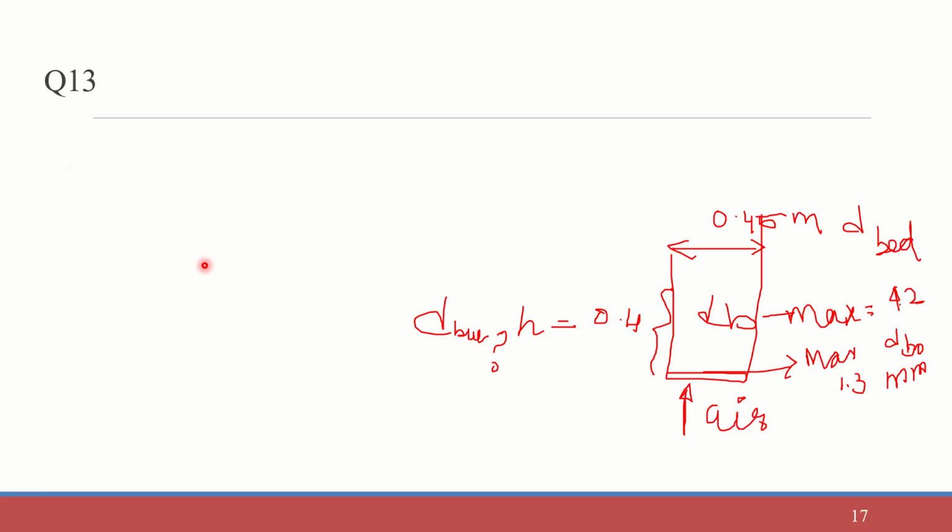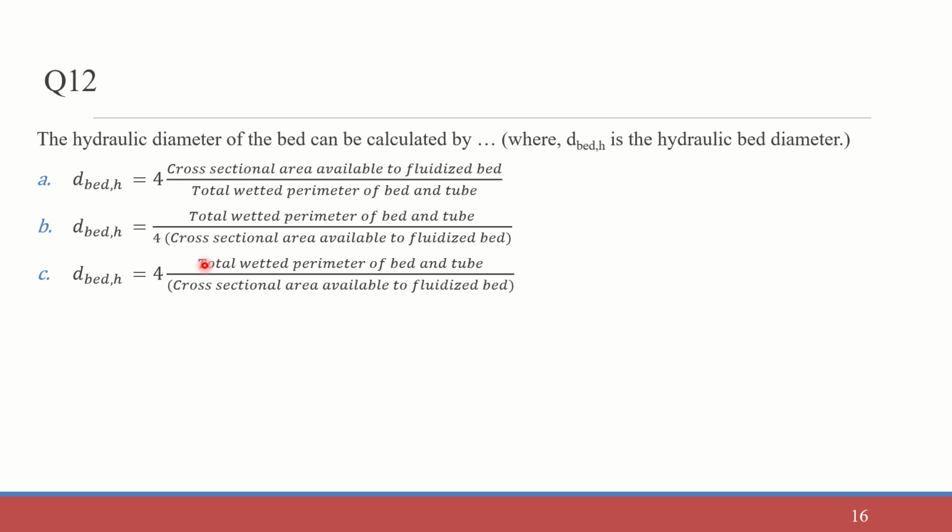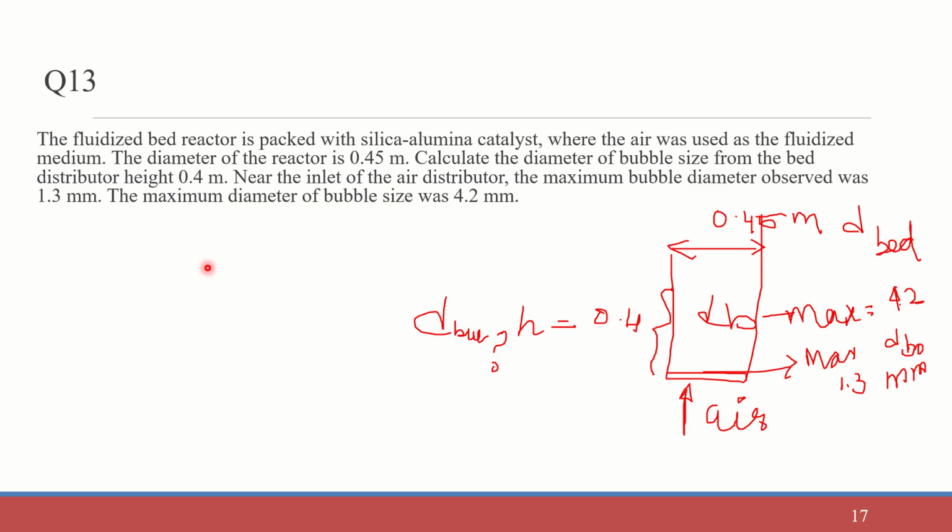So we are getting 2 mm. If we go back and look at this, we are getting 2.0 mm, in mm. So our answer is option C. What is asked: the fluidized bed reactor is packed with silica alumina catalyst and air is used as the fluidizing medium, the diameter of the reactor is given, and we are asked to find the bubble size at a certain height of 0.4 meter.